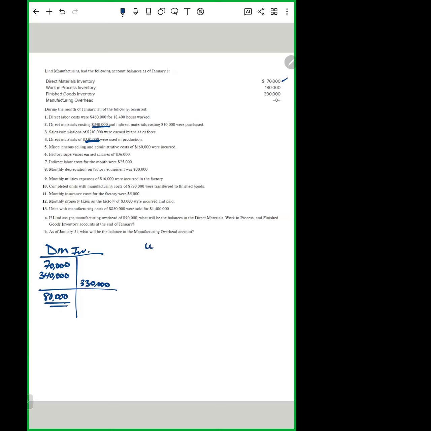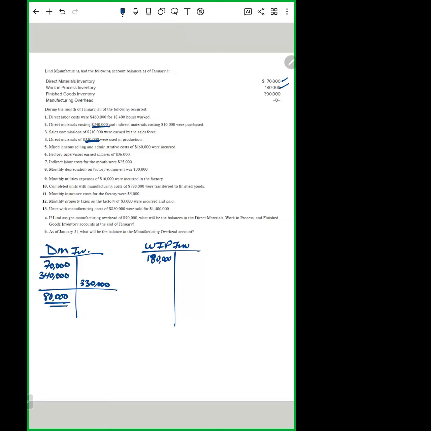So then let's look at work in process inventory. So we're going to start with our opening balance of the 180. And then we're going to add direct labor. I guess we could start with direct materials. So this direct materials of 330, right?